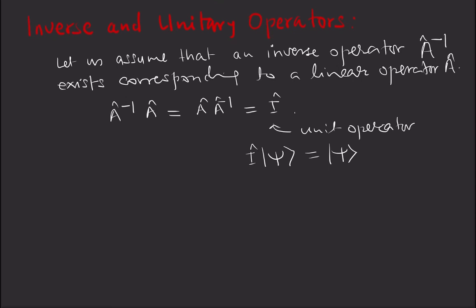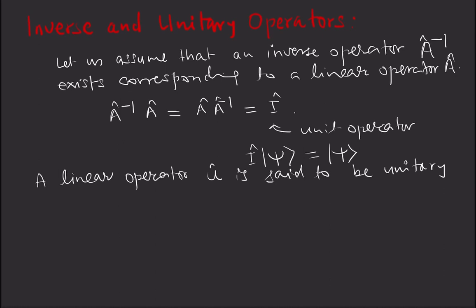Any linear operator U is said to be unitary if its inverse operator U inverse is equal to its adjoint.